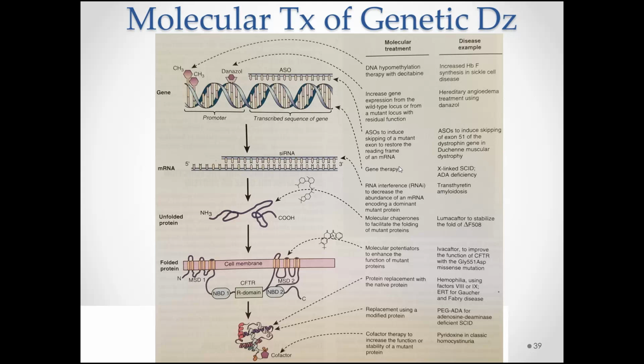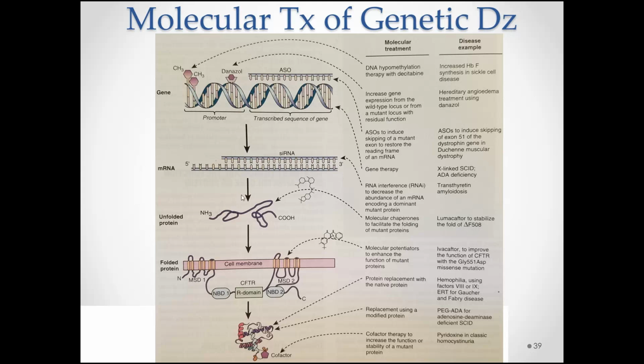But these ASOs can bind to various segments of DNA. They can induce skipping of a mutant exon. ASOs are also used in cystic fibrosis to correct one of the mutations and result in restoration of the normal messenger RNA. Short interfering RNAs bind to the messenger RNA and, for instance, can block it from being transcribed and result in the messenger RNA being degraded.